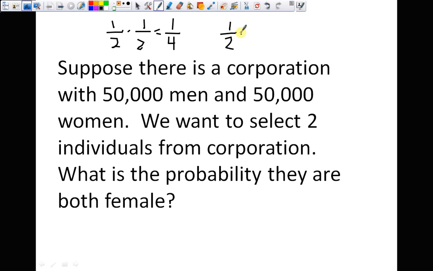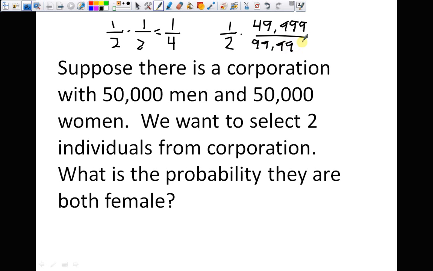And on the second choice, there is a 49,999 out of 99,999.